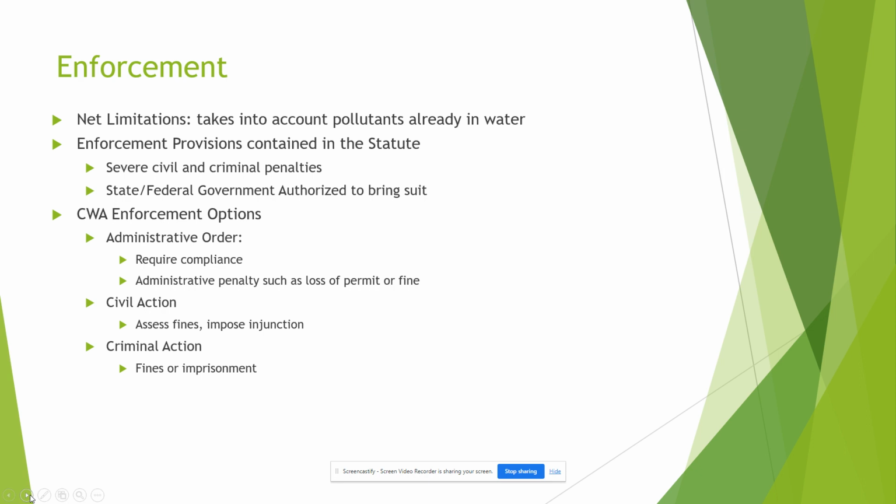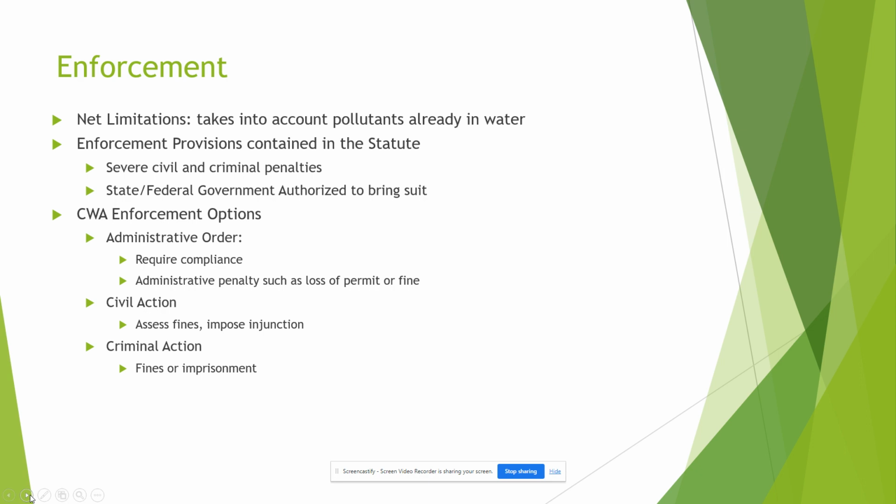Okay, so enforcement of the Clean Water Act and the permits have typical enforcement provisions for administrative rules and regs. You have things like civil penalties, criminal penalties. The state and the federal government are authorized to bring suit. I don't think it's a citizen suit statute. And then the EPA can issue an administrative order to require compliance.